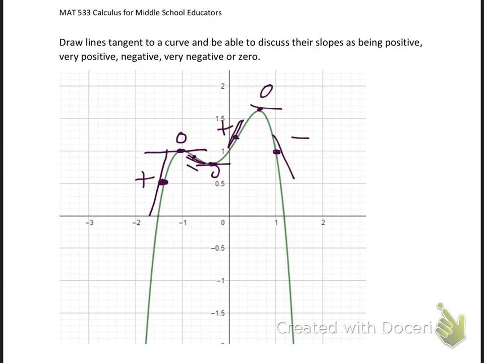And that's the beauty of calculus. It'll give you insight to your functions by analyzing these functions at various points going from left to right. You should be able to identify slopes as being very positive, negative, very negative, or 0. So that's your test for yourself to be able to do that.